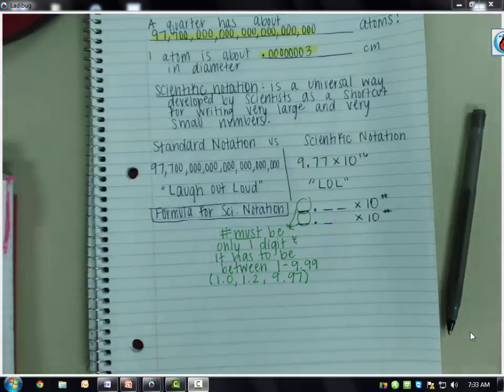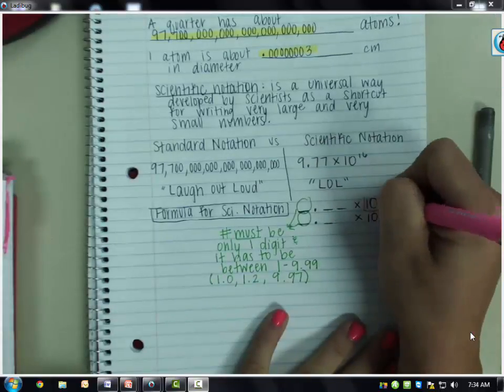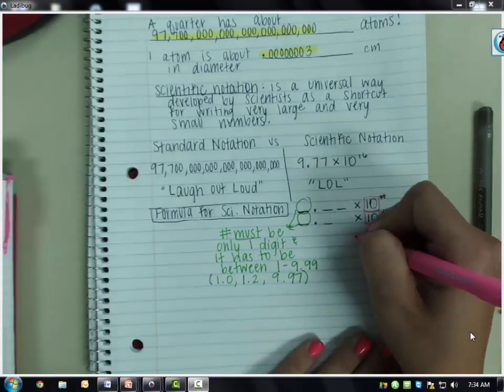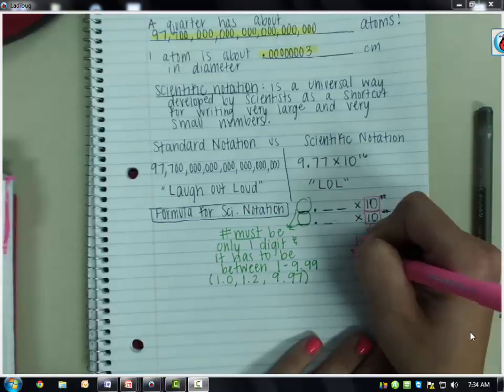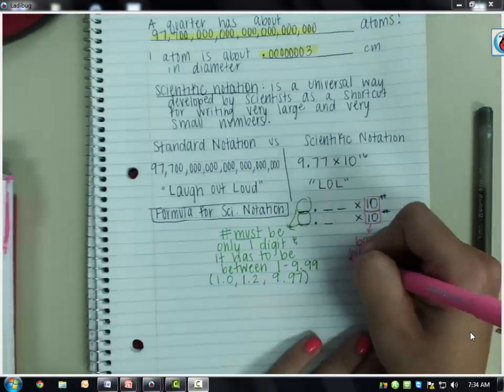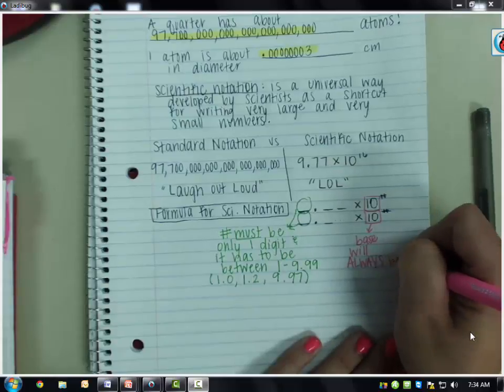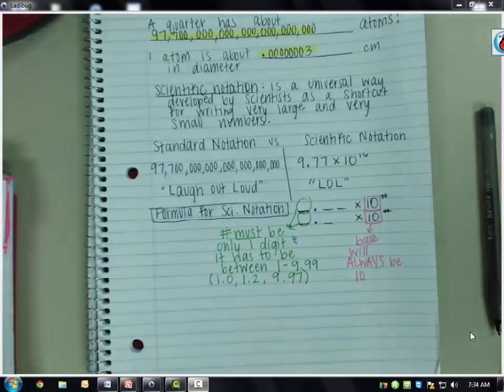This is called your base. Remember when we're talking about exponents, the big number is called your base. So your base will always be 10. You're always going to multiply it by 10. Your exponents, remember, those are your little numbers next to your base.